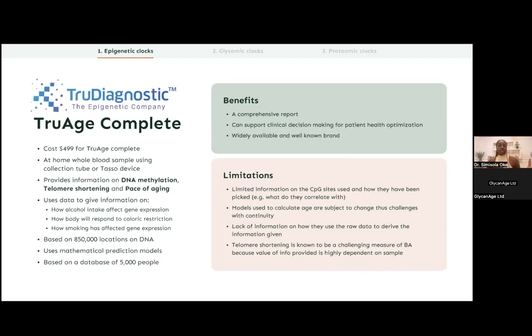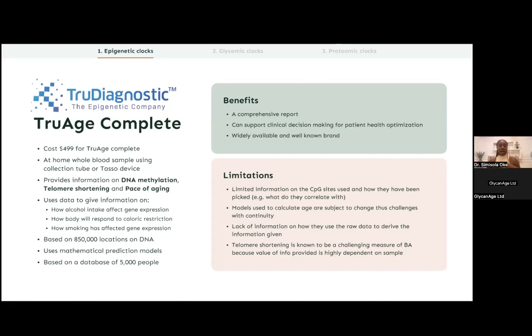So when you get a TrueAge diagnostic report that is part of TrueAge Complete, they will give you data on how alcohol intake might affect your gene expression, how the body will respond to caloric restriction, so for anyone who is focused on that area, and also how smoking has affected gene expression. And I think we can all agree that that's quite useful information that one might want to be aware of.